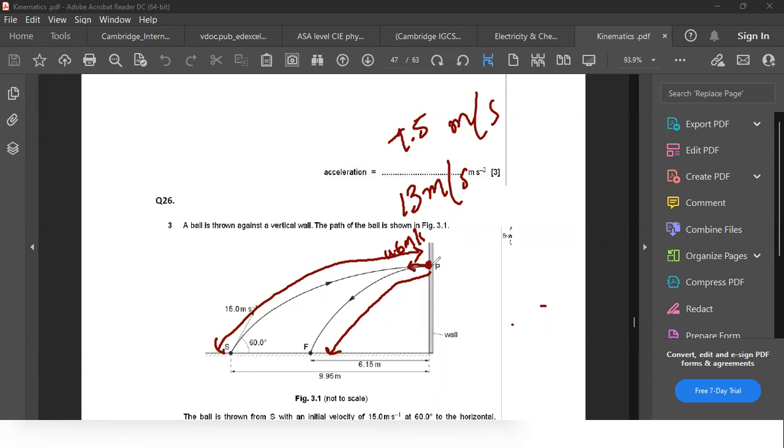That is why they said that at P, the ball rebounds with velocity at 90 degrees. So the velocity is going completely straight like this. That is your horizontal velocity, right? The velocity we have at the start will not carry through, because when you're rebounding, you are losing energy.